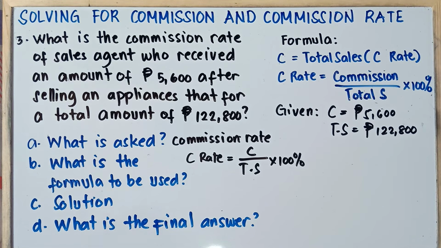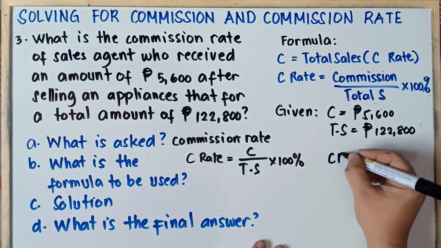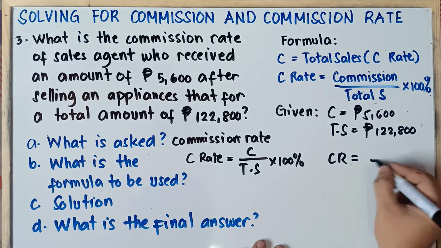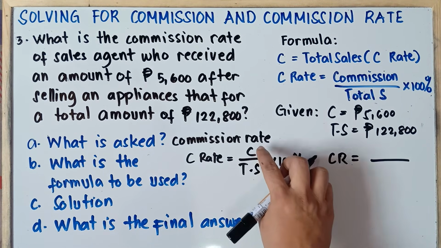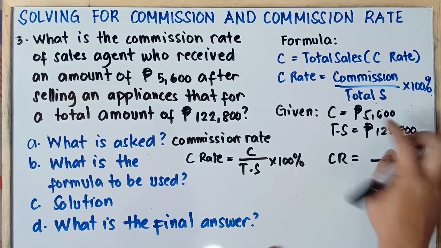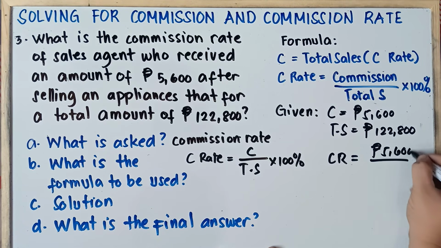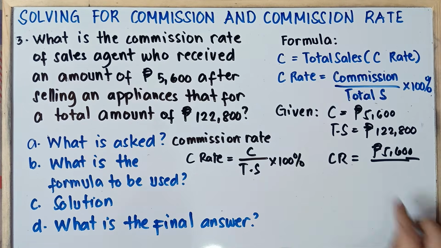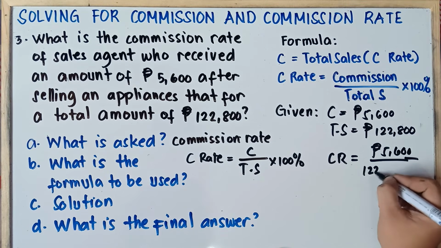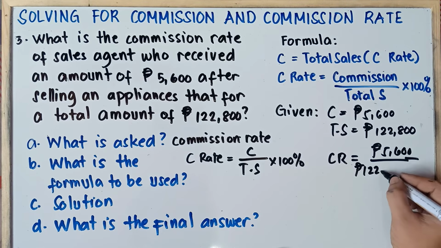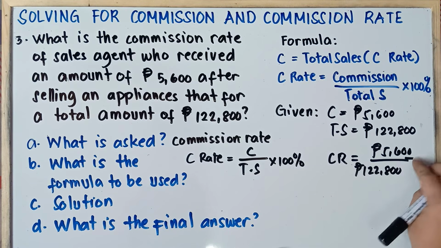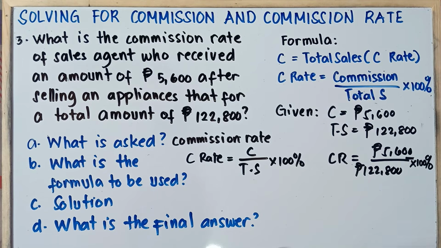The commission rate is equal to the commission, 5,600, divided by the total sales, 122,800 pesos, and then multiplied by 100%.